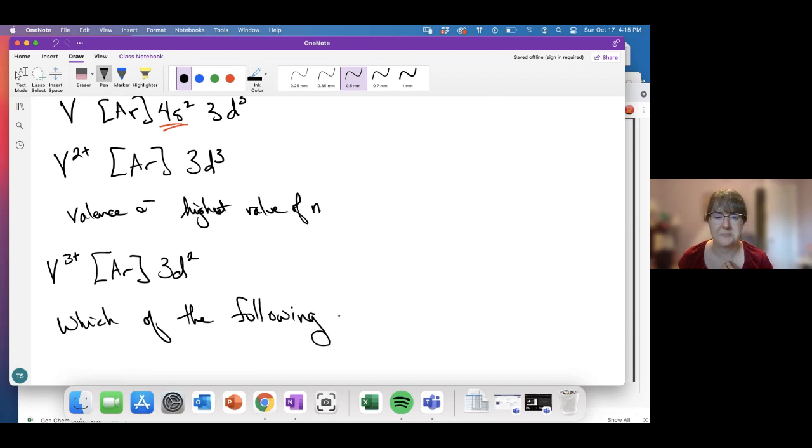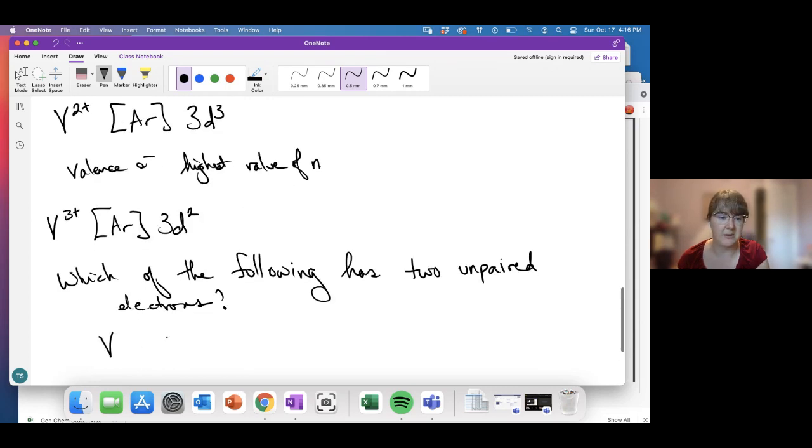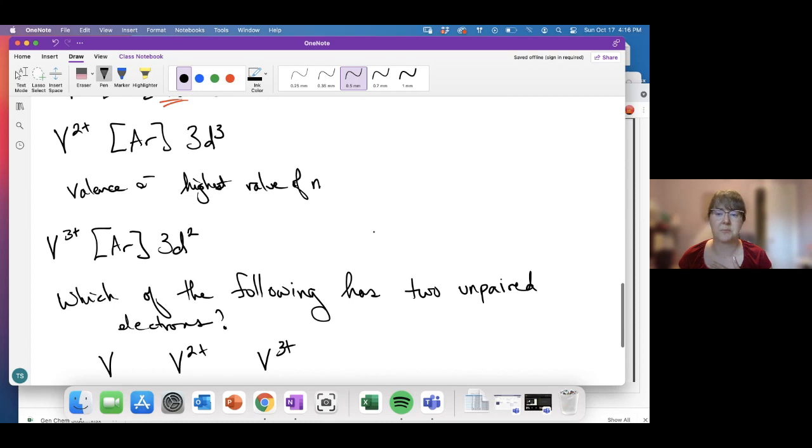Which of the following has, let's say, 2 unpaired electrons? And then we're going to use the examples that we've done so far. So I'm just going to use my vanadium 2+ and my vanadium 3+ as examples.